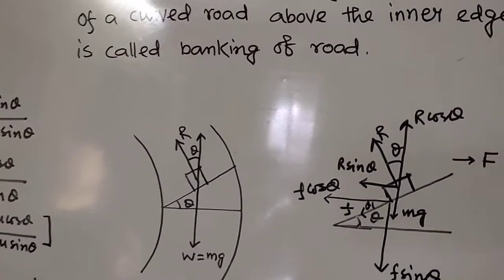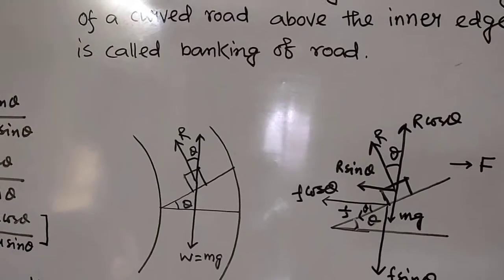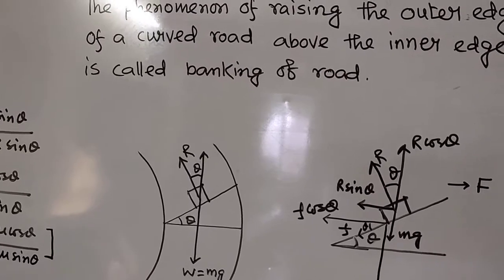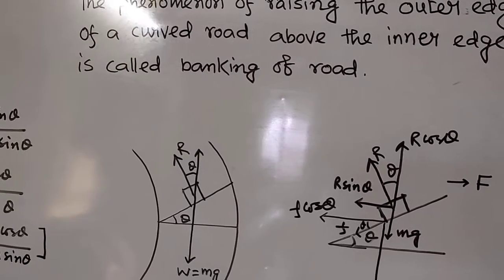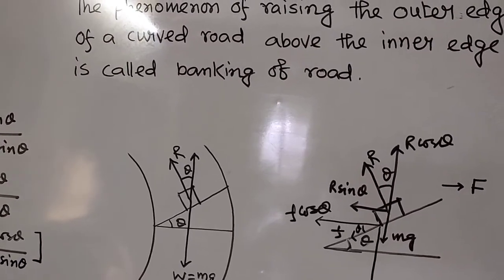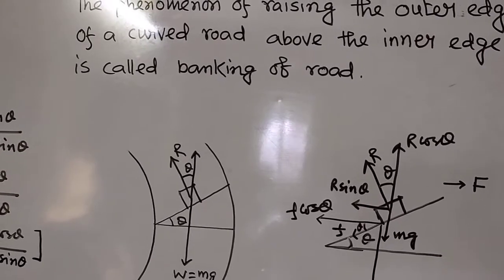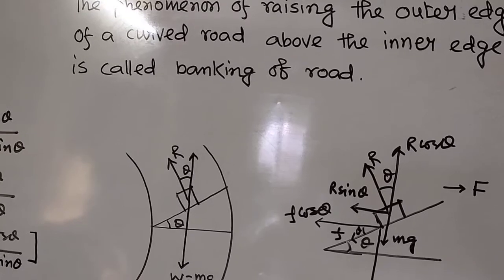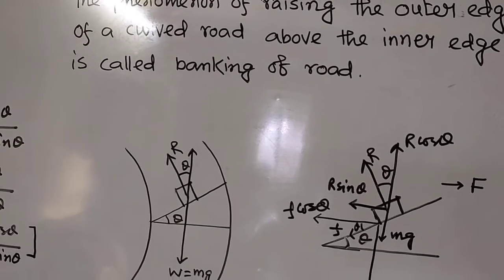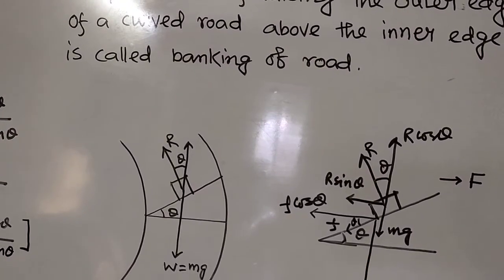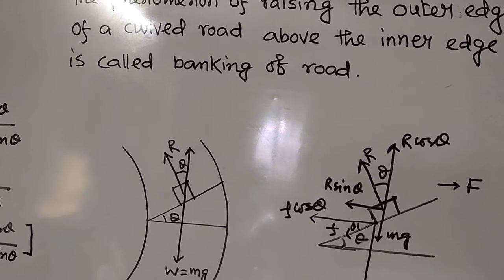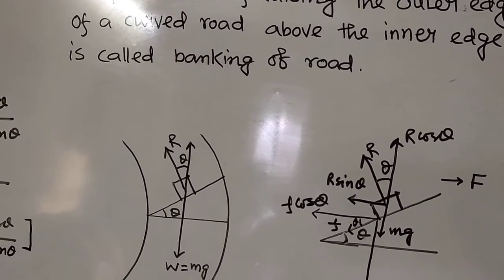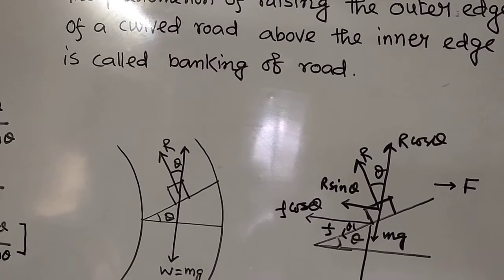Now let me consider a vehicle on the turning of the road. Now the weight acts vertically downward, and the normal reaction R is normal to the surface. Now it makes an angle theta with the arrow which is opposite to the direction of the weight.